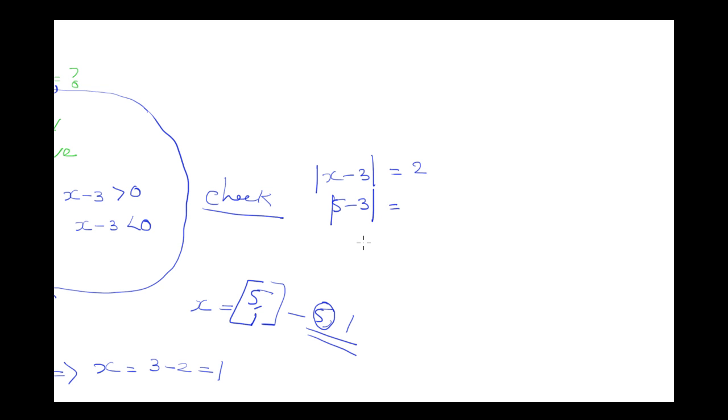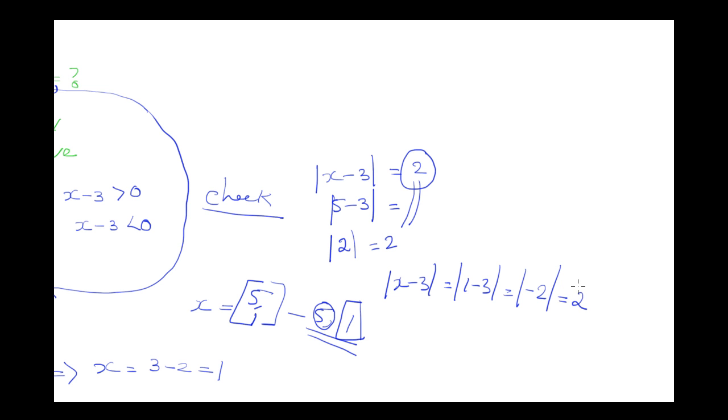Absolute of 2 is 2, and this is equal to this. So both are same. Now what happens when x is 1? Absolute of 1 minus 3 becomes absolute of minus 2. Absolute of minus 2 is 2, which is again same as this.